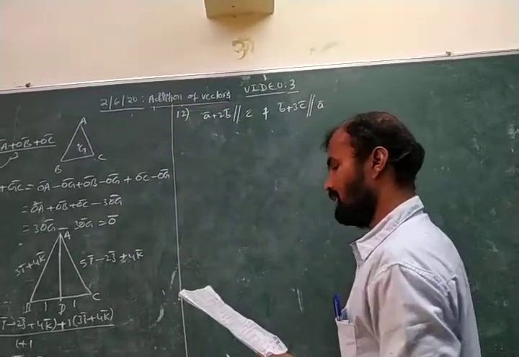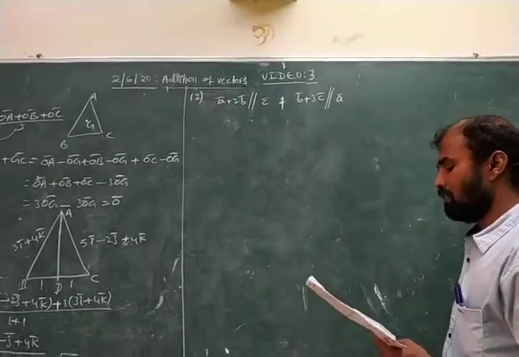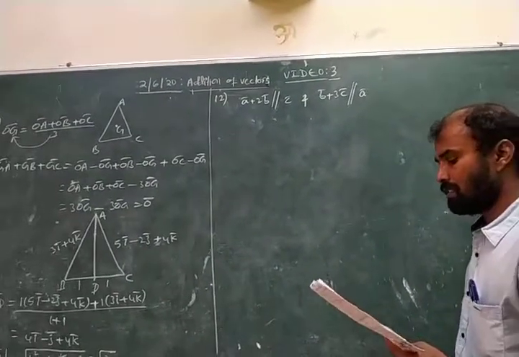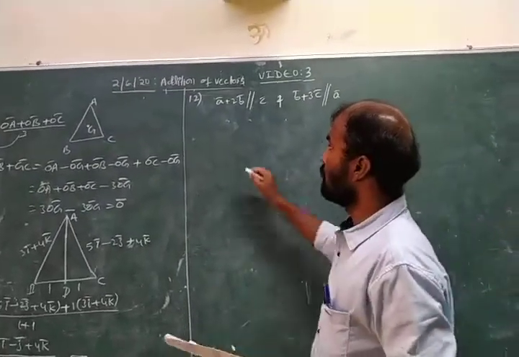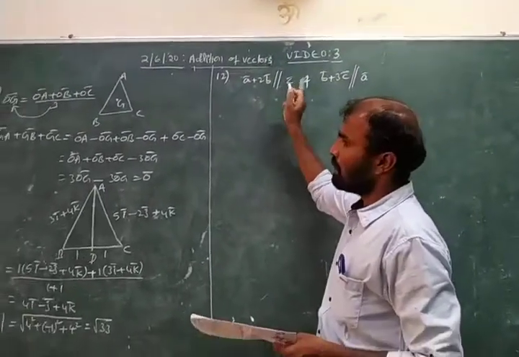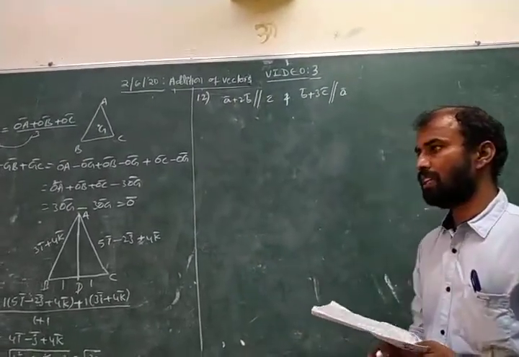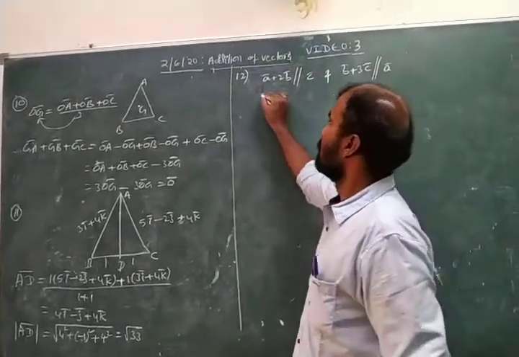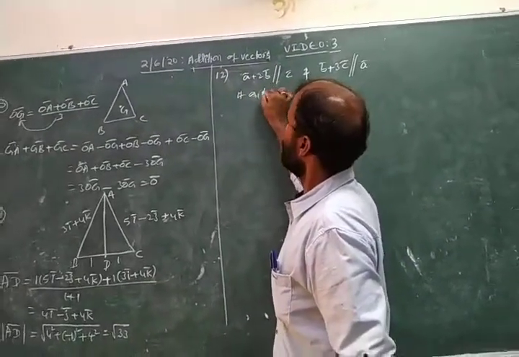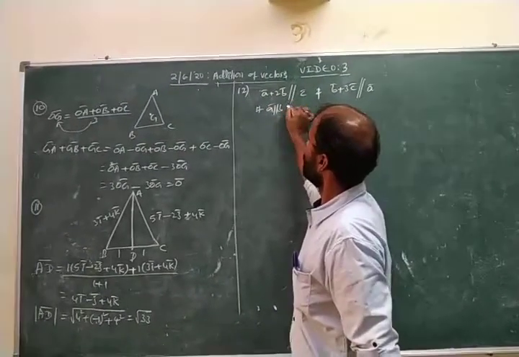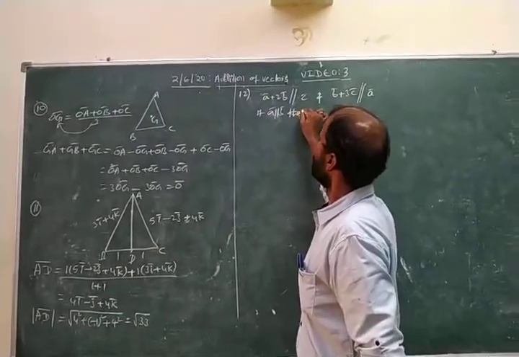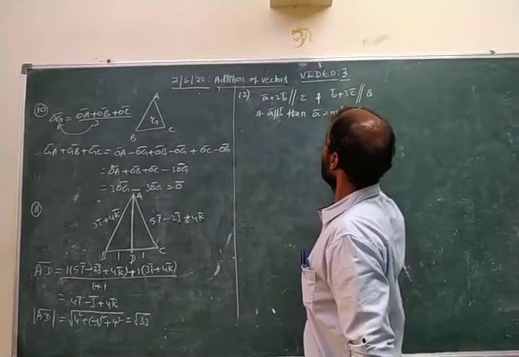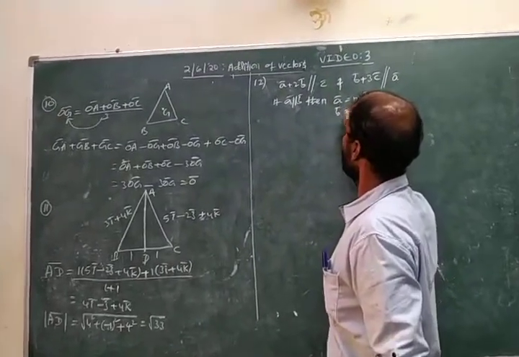Then find the value of a bar plus 2b bar plus 6c bar. We know if two vectors are parallel or collinear, one vector can be expressed as a scalar multiple of the other vector. We know that if a bar is parallel to b bar, then a bar equals m into b bar, or b bar equals m into a bar.